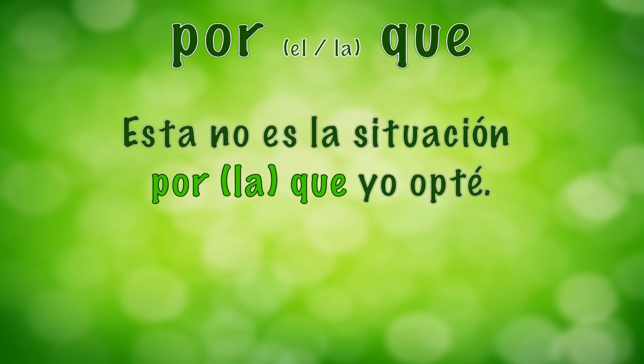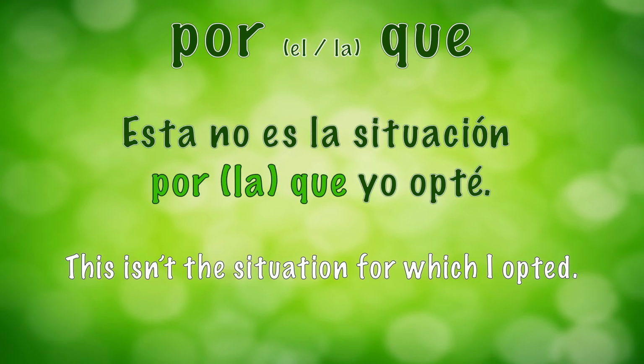Esta no es la situación por la que yo opté. This means something like, this isn't the situation for which I opted. Or to put it a little more informally, you could say something like, this isn't the situation that I opted for.